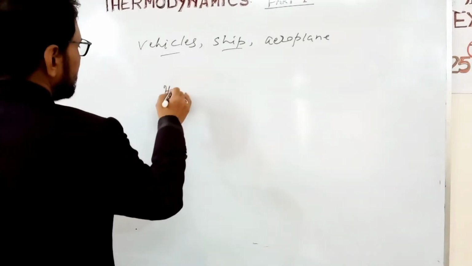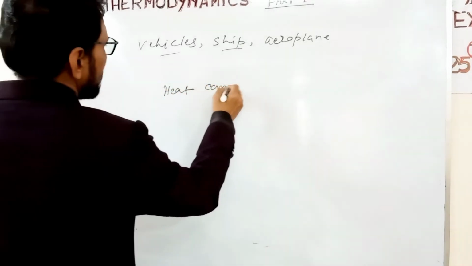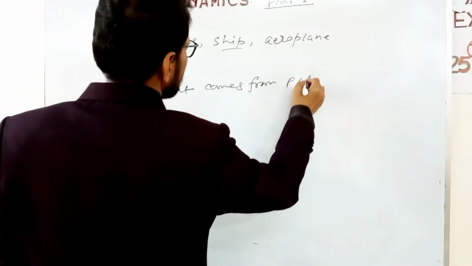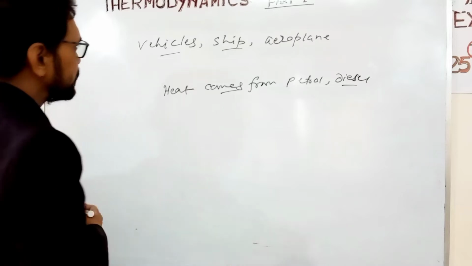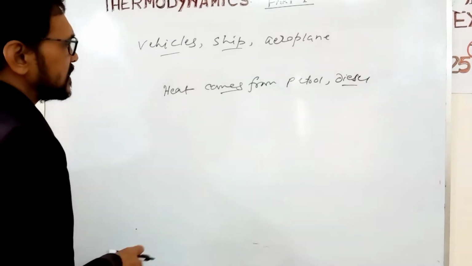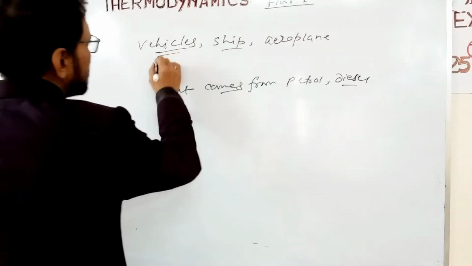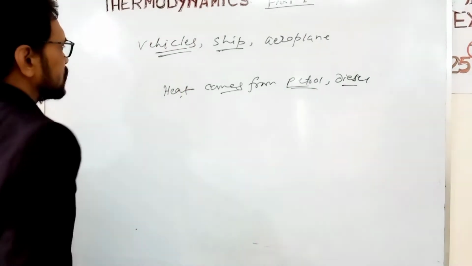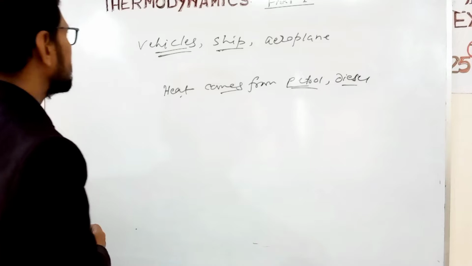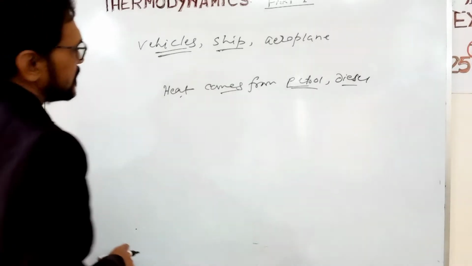Heat comes from petrol or diesel in automobile vehicles, ships, airplanes, etc. Every motion is run by petrol or diesel, which produces the heat. So that's why thermodynamic laws and processes are very important.